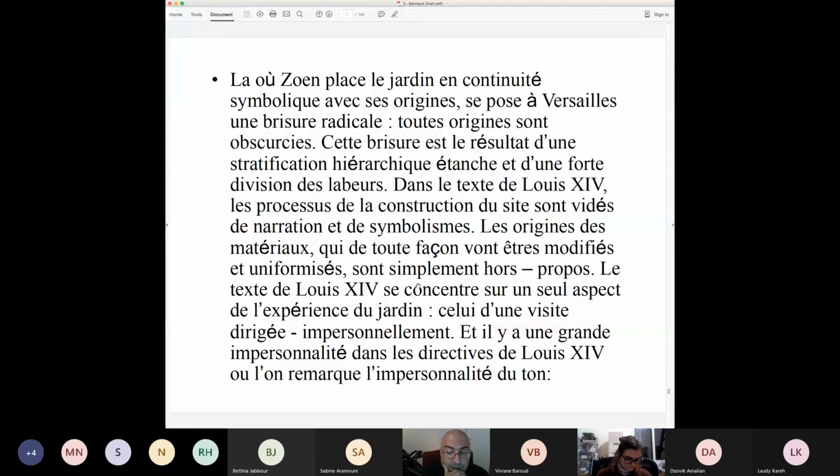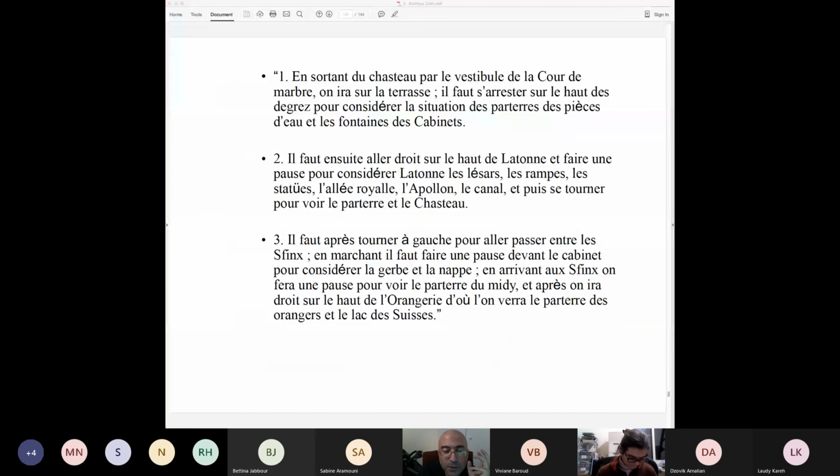And the text is very, very impersonal. In the directive of Louis the XIVth, it doesn't come out very strongly in English, but in French, there is a way of expressing impersonality, and it's by the use of the word en, we, but we doesn't really express it. But I'll try to express this in English.